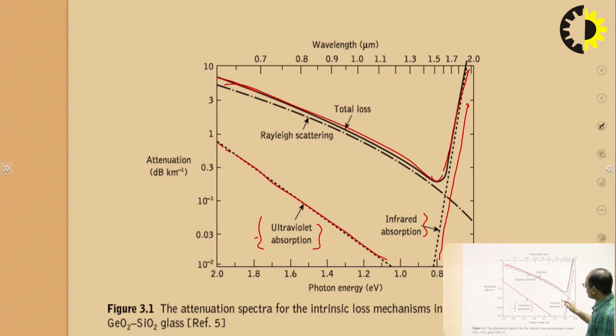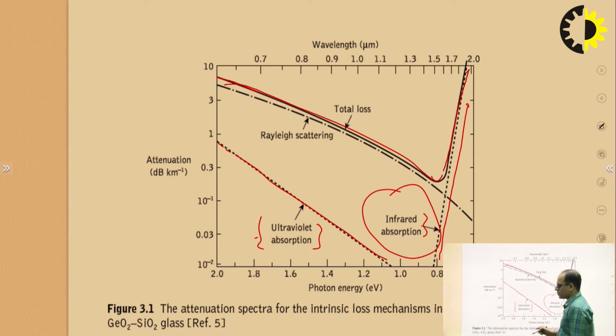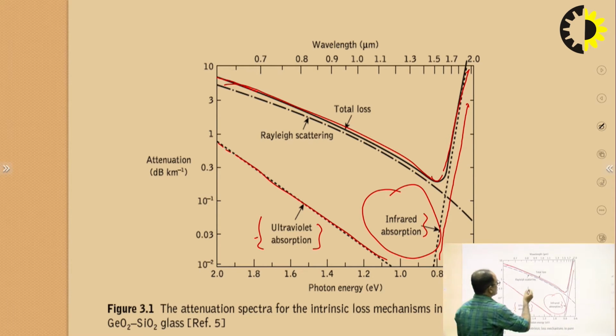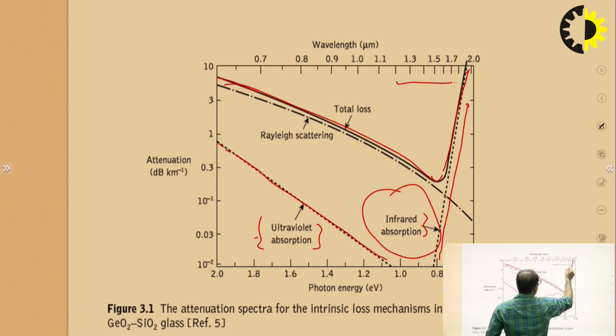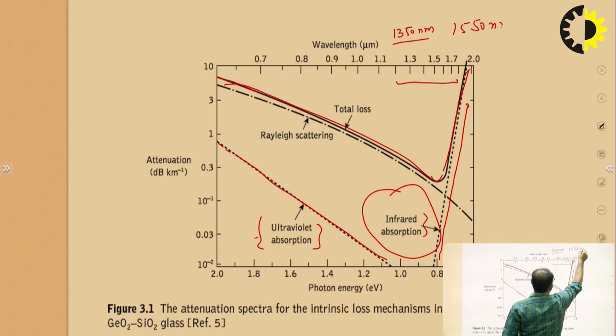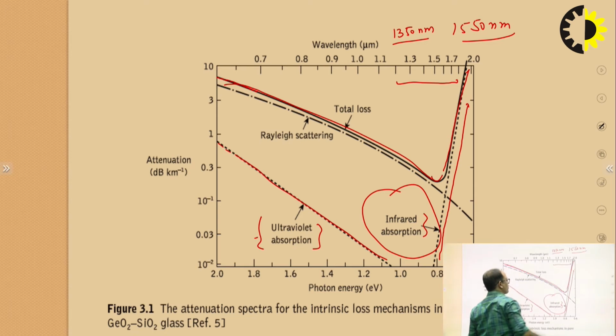So this one is the area where the overall absorption is less as compared to the other regions, clear? And this area generally represents the two windows, that is the 1350 nanometer window and the 1550 nanometer window, over which the overall absorption is less as compared to the window at 800 nanometer.